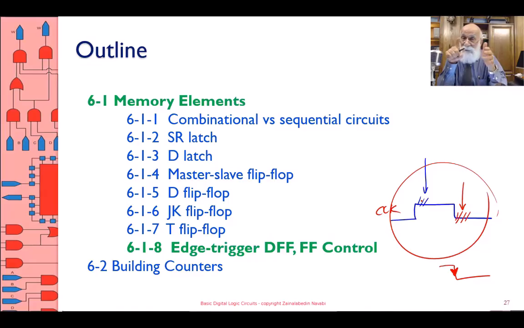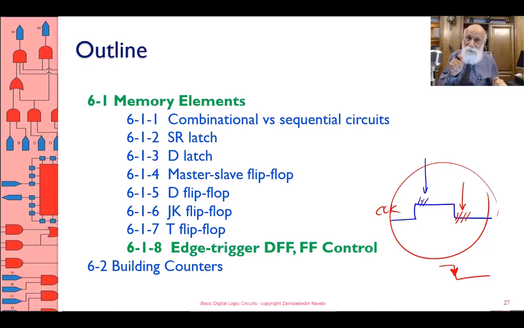But this edge is not the only thing that does the complete job. A duration of blue, clock is 1. Duration of red, clock is 0. These collectively take the input and put it on the output. Okay, fine. What's wrong with that?